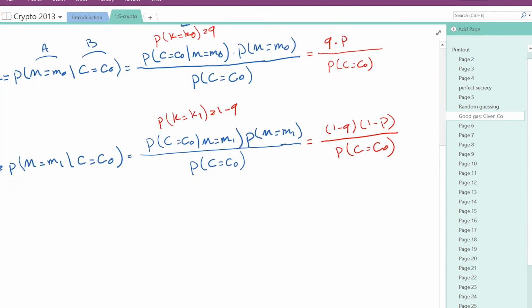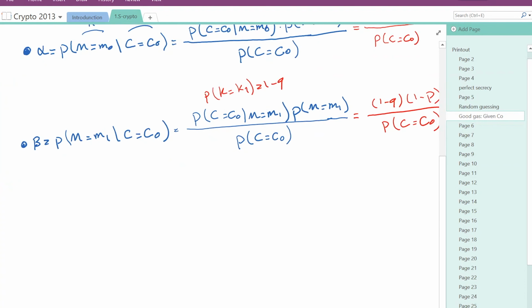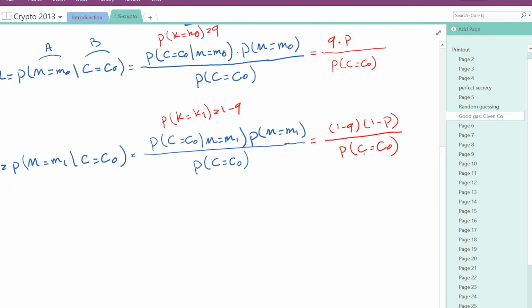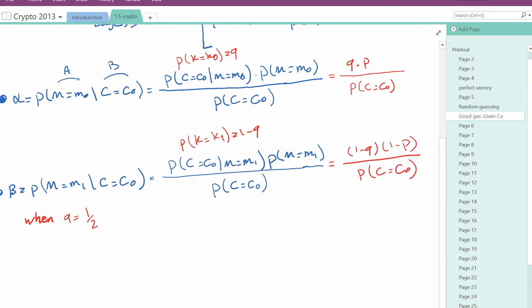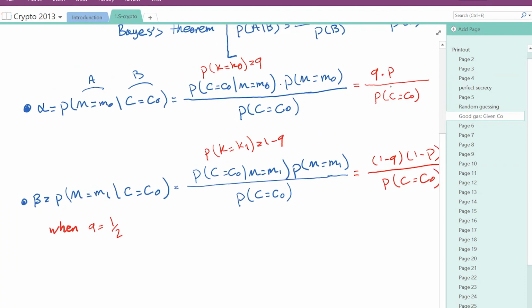Right? Now we just want to simplify these equations to understand them better. So I can assume that the key is chosen uniformly random, when Q is 1/2, which means the key is chosen randomly. Without knowing Q, every time I do this computation, based upon the answer, I say whether it is the encryption of M0 or M1.